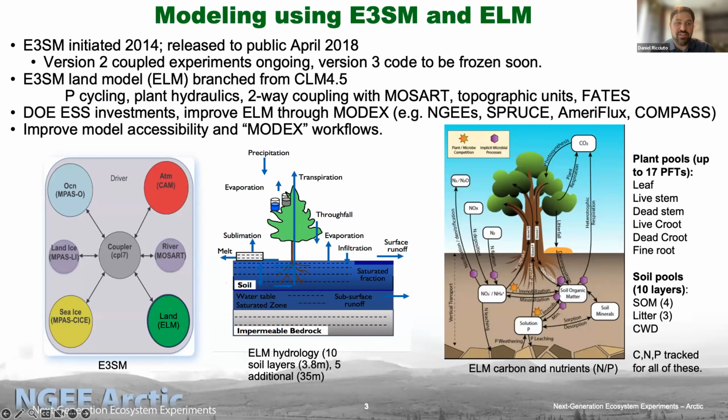The ELM, or the E3SM land model, branched from Community Land Model version 4.5, and since then a number of improvements have been made, including introduction of phosphorus cycling, plant hydraulics, two-way coupling with a MOSART river model, topographic units, and continuing work on the FATES dynamic vegetation model.